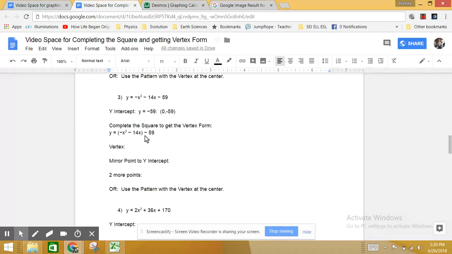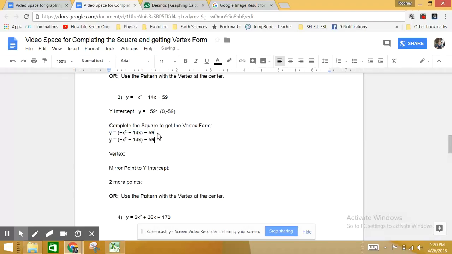Now my next thing is I want to get any shenanigans that are in front of this x squared out of here. So I am going to factor out negative 1, because that negative represents a negative 1. So I'm going to put a negative 1 here.